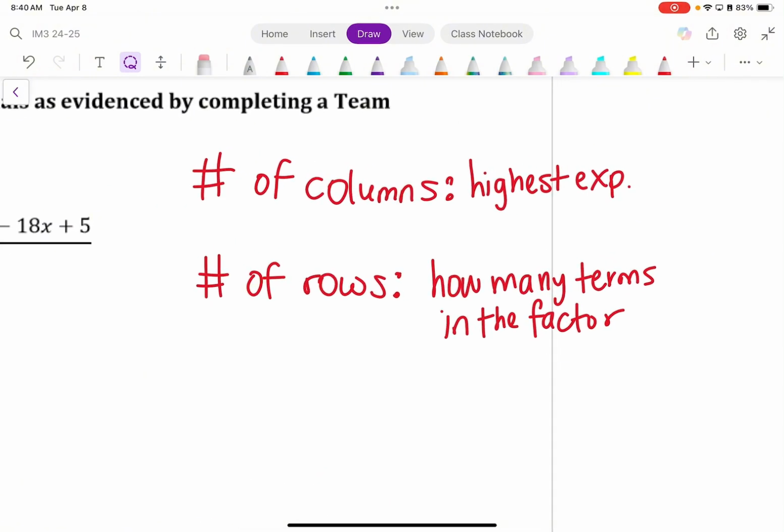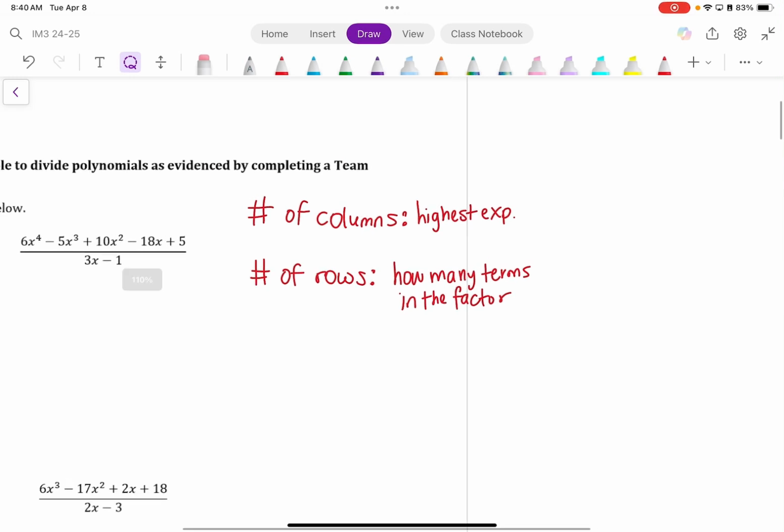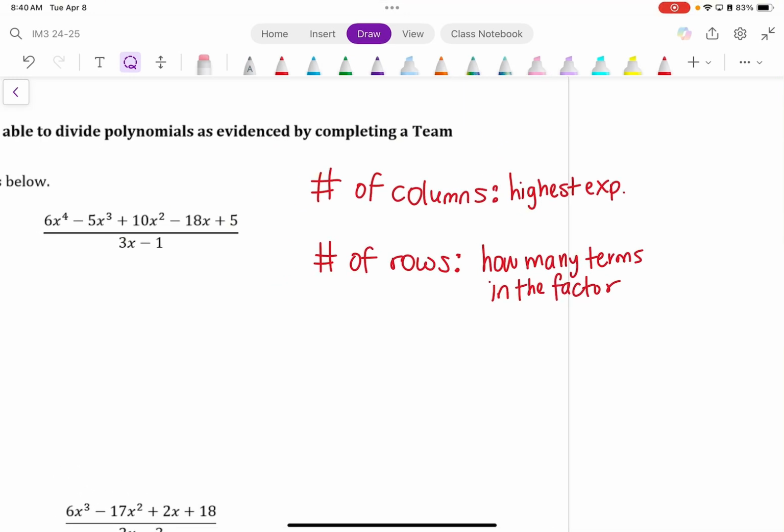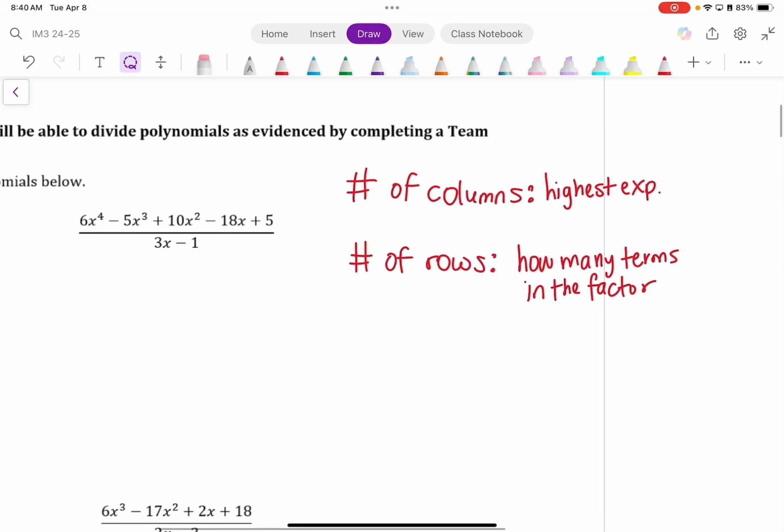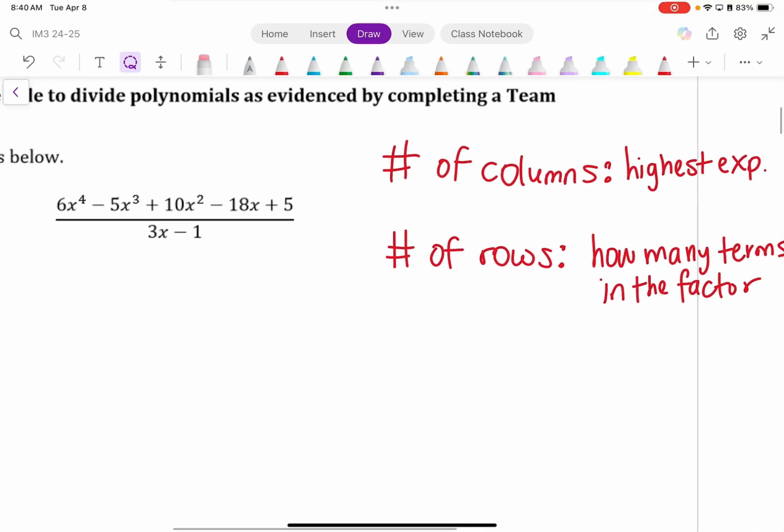Whenever we divide polynomials, we will not give you the area model. We'll just give you the equation and then the factor. To make an area model, you need to know the number of columns and the number of rows that you need. This shows you how to determine that. To determine the number of columns, look at the equation that you are dividing, and whatever the highest power is in that equation corresponds to the number of columns.